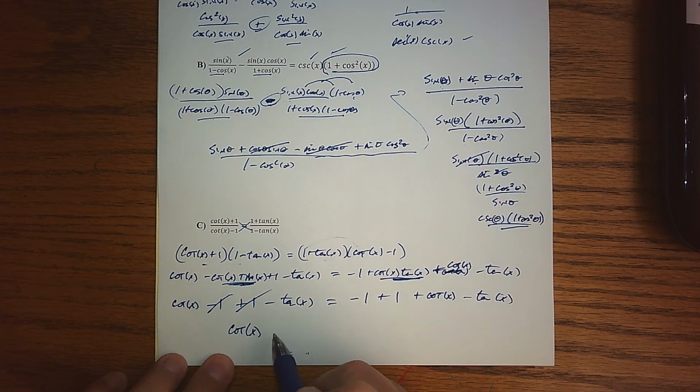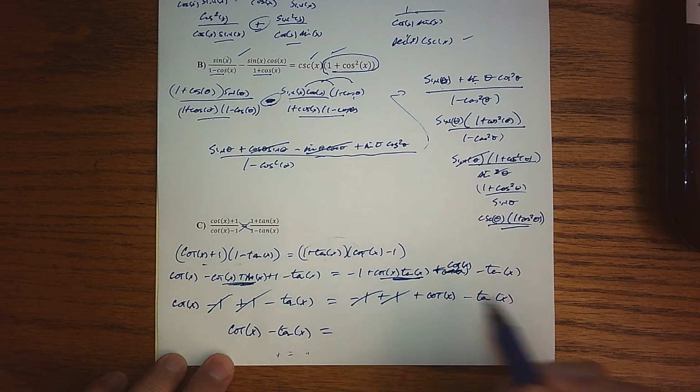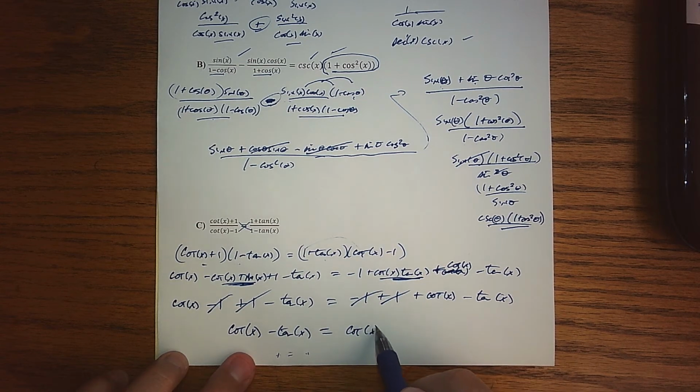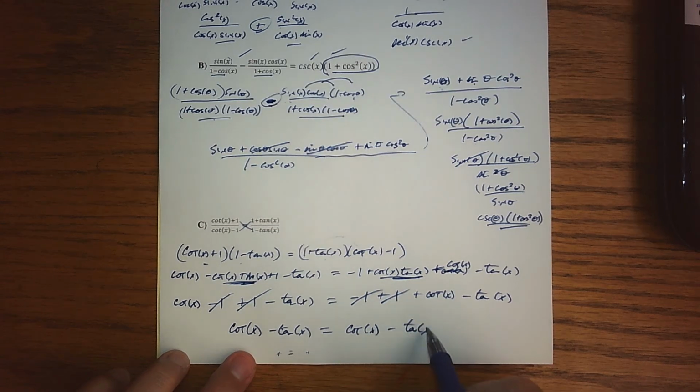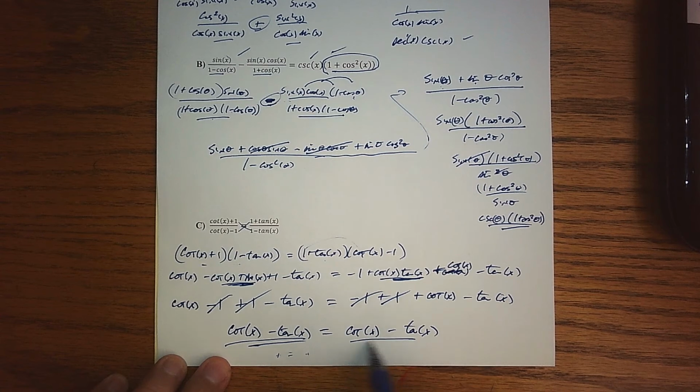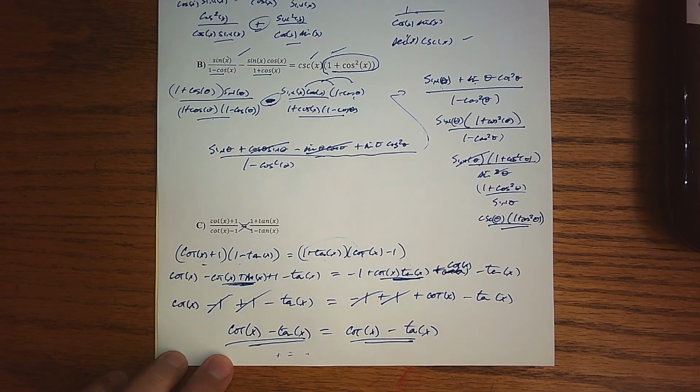So this side is cotangent minus tangent. Same thing over here, they go away, and we end up with cotangent minus tangent. And I don't know about you, but those sides now look like they're equal. So that tells me that that ratio, or that proportion, is actually equal. We verified that particular identity.